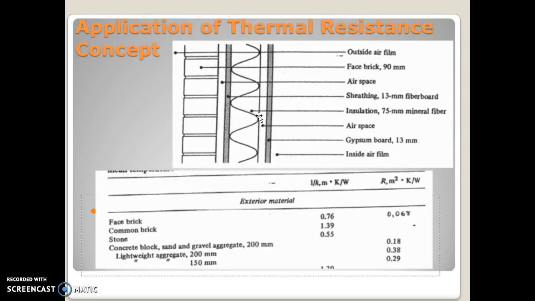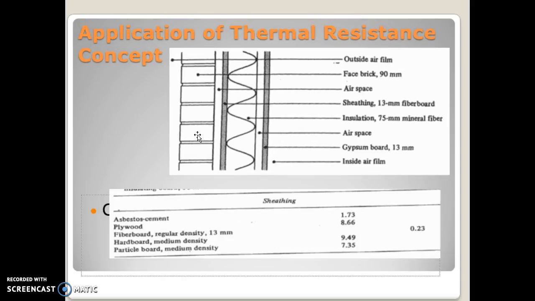Because this is 90 mm thick, to get the resistance in meter square Kelvin per watt, I will have to multiply it with the thickness in meters. So 0.76 multiplied by 0.090 gives me the total thermal resistance of 0.068 meter square Kelvin per watt. This much is the resistance offered by the brick wall.